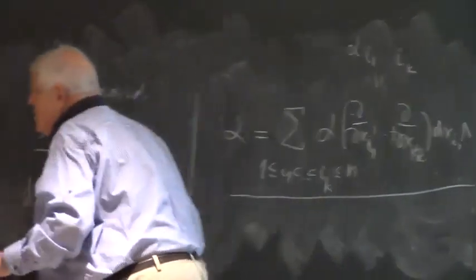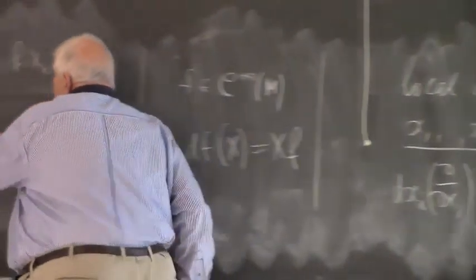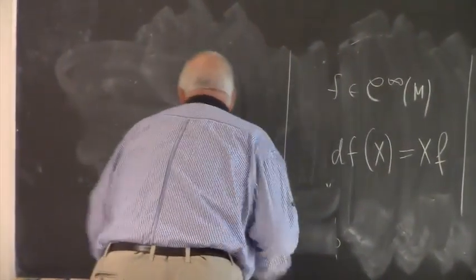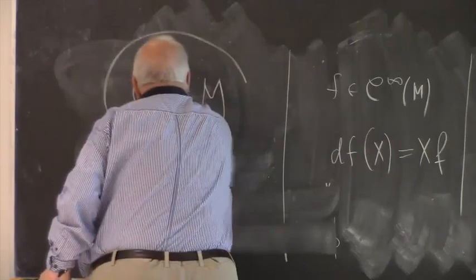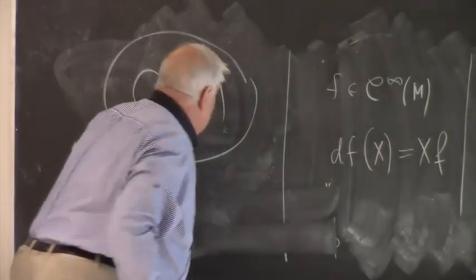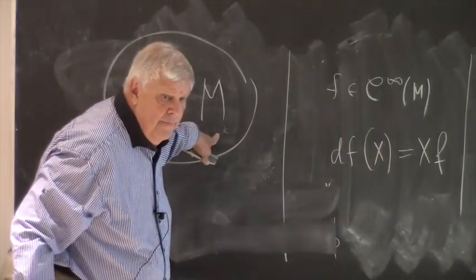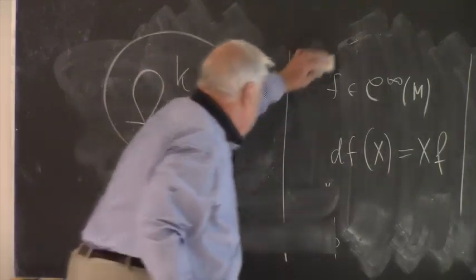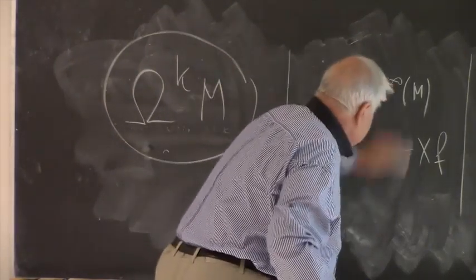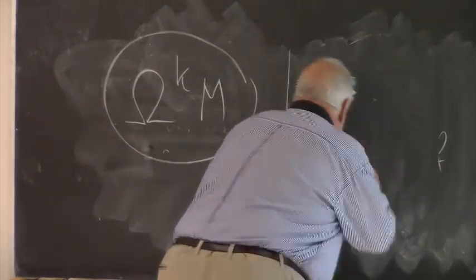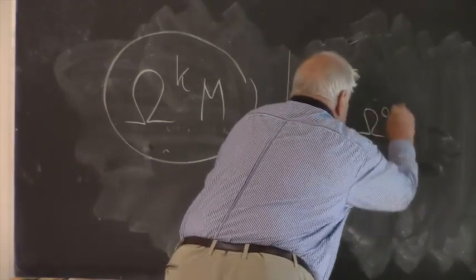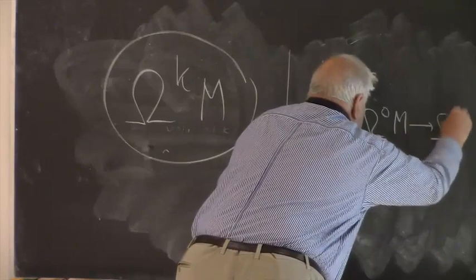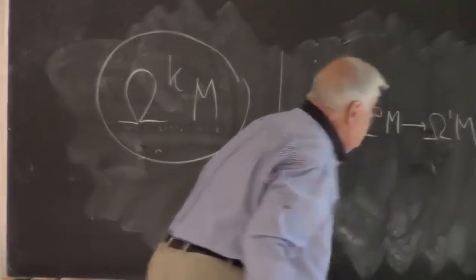By the way, notation which I am going to use, omega k of M. This is the space of differential k forms on M. And this differential, which I'm going to erase now, is this.